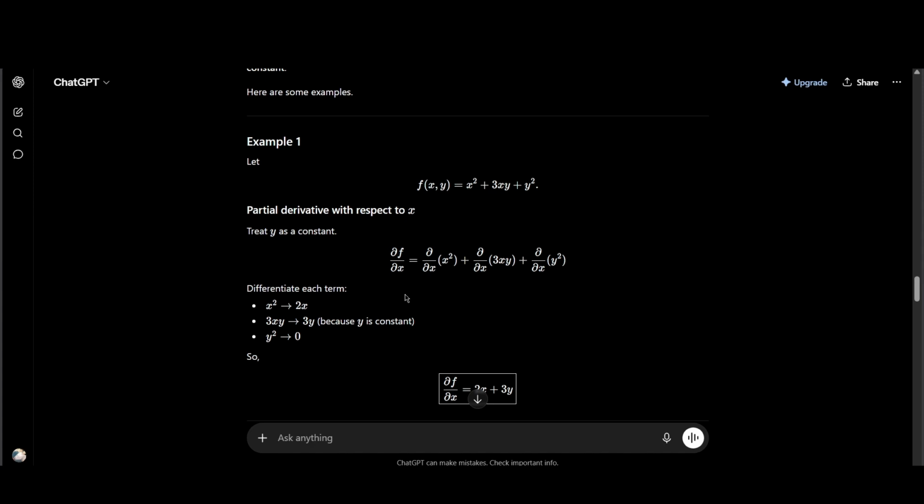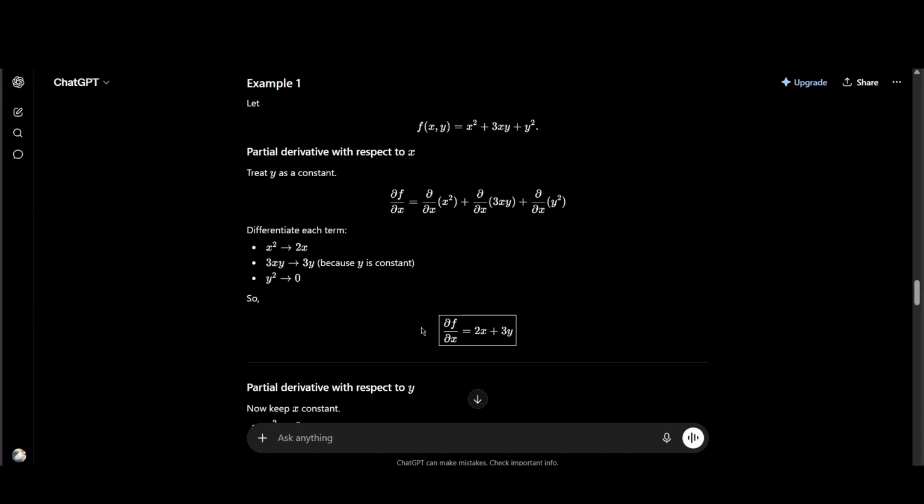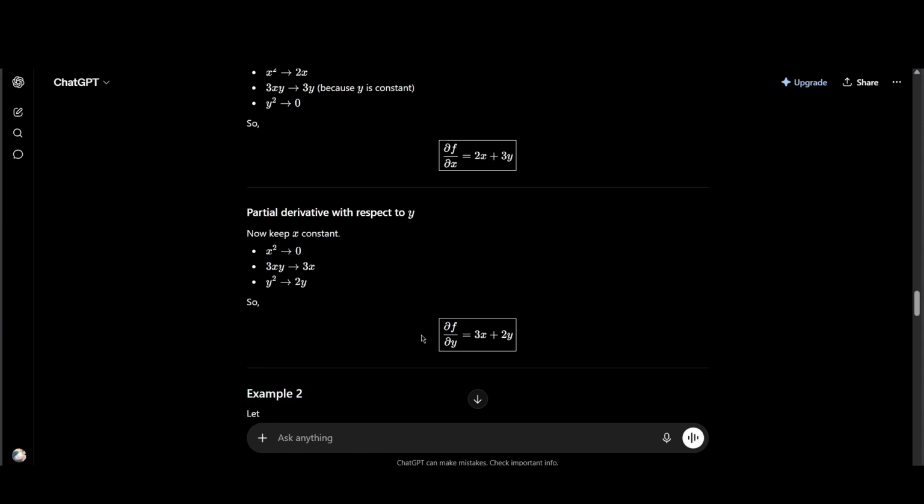So the partial derivative of a function is basically just derivatives, okay? Obviously, you differentiate each term. x squared goes to 2x.